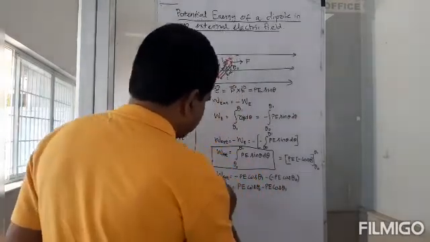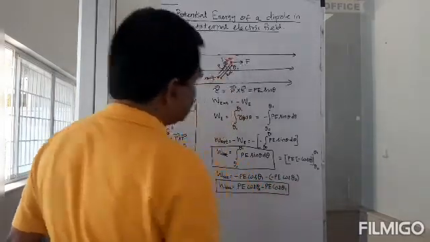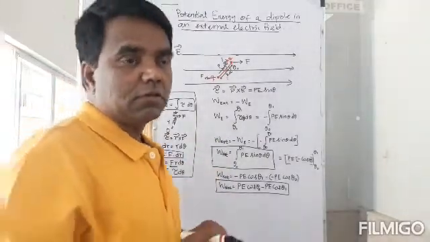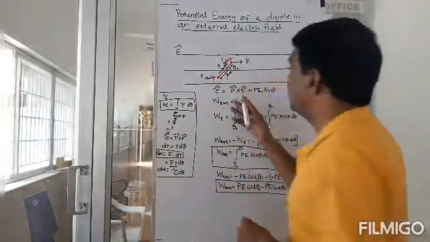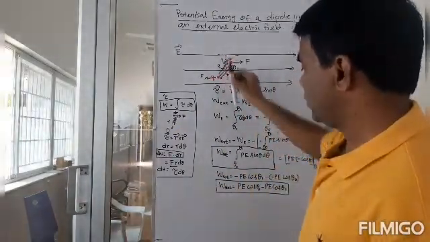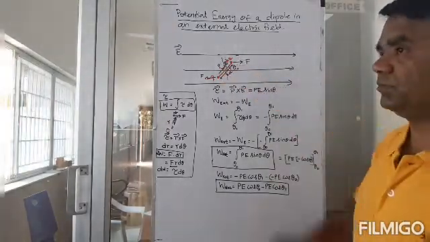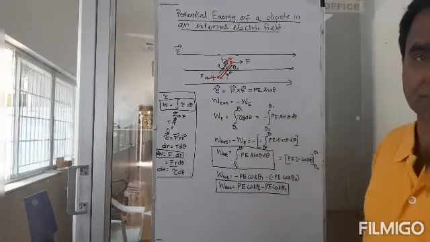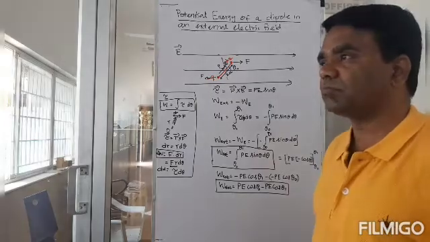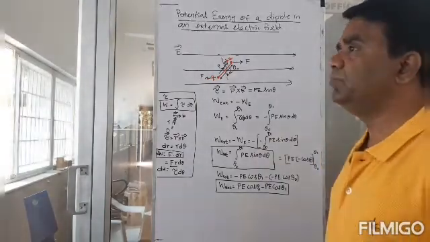So this is the work you are going to do for moving this dipole in this field from theta naught to theta 1. Suppose this is 10 units or something. There are two different values you can get.